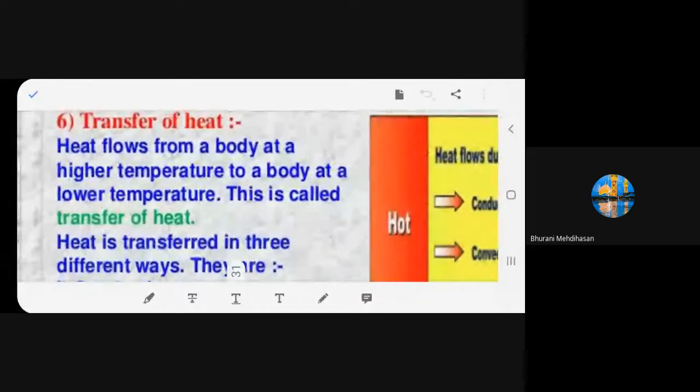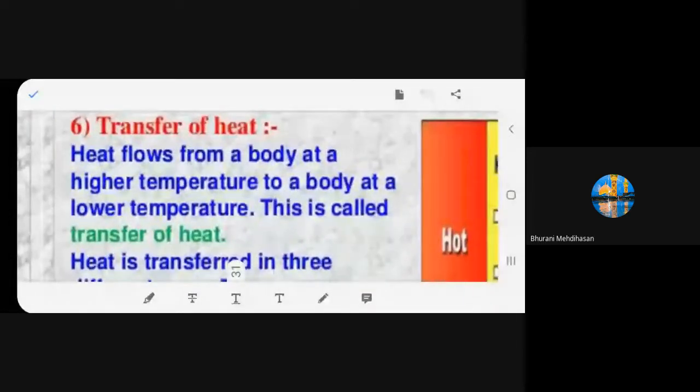Read it. Who is reading? Kasim. Who is reading, beta?